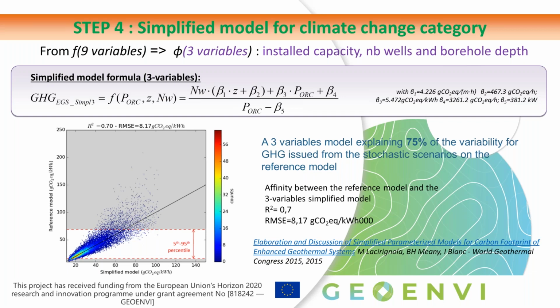And here on the graph, you can see that we compare the simplified model based on 3 variables to the reference model, which originally had 9 variables. So the result is not too bad, with an R2 of 0.7.